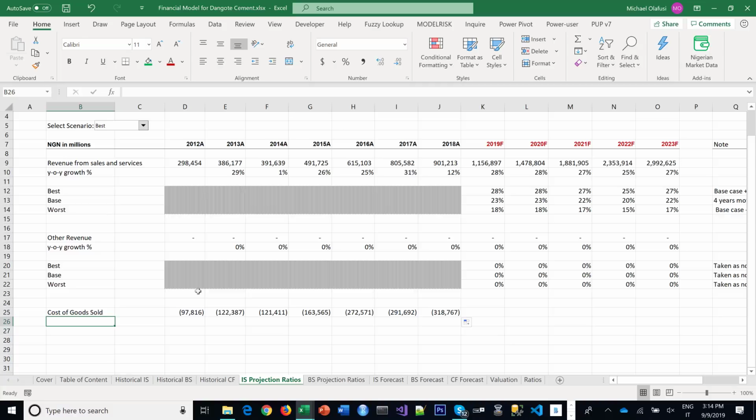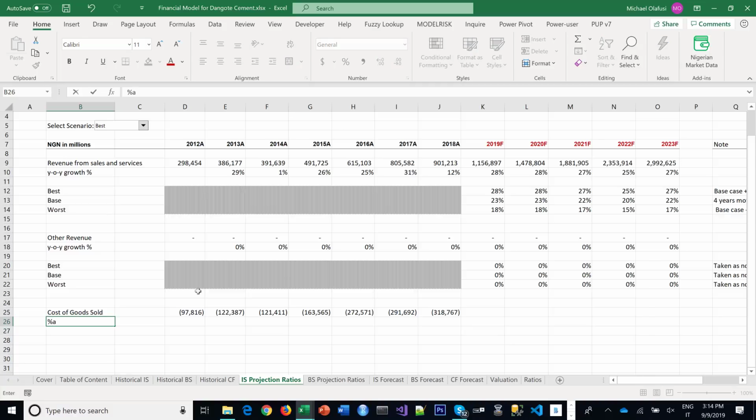Typically companies have a very sticky gross margin. There's always a percentage of their revenue that is used to buy the raw materials, so it stays a bit constant, and so that way you are able to do a much more reasonable forecast when you do not have insider data, when you do not have the breakdown by unit cost and by volume projection. So that's what I'm going to do.